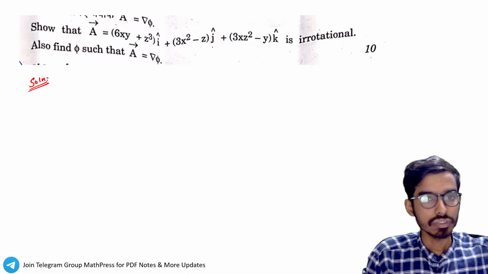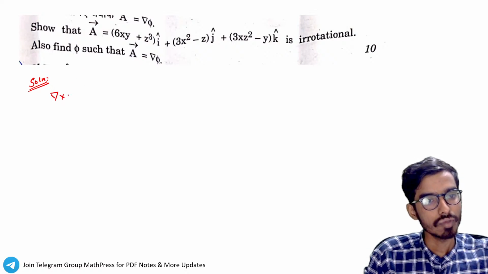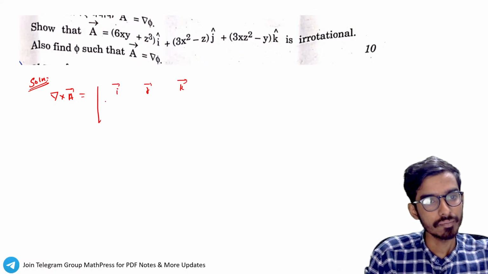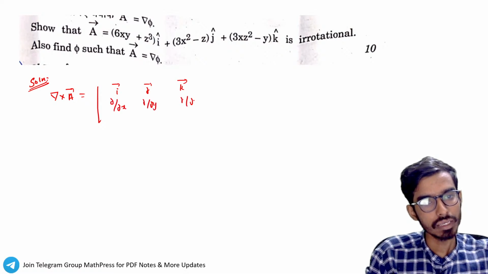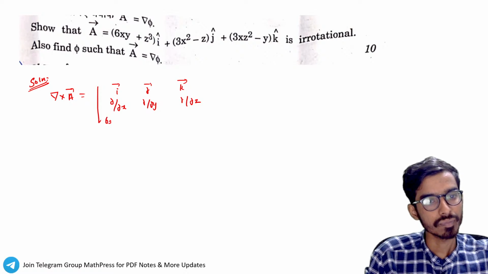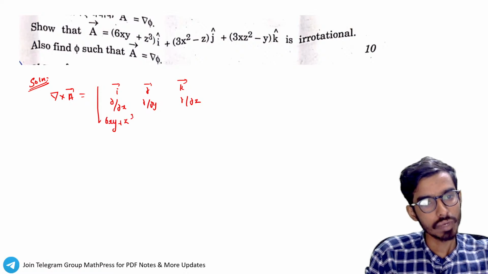So first we need to show this is irrotational, so we will find del cross A. Del cross A is the determinant of i vector, j vector, k vector; del is dou by dou x, dou by dou y, dou by dou z; and 6xy plus z cube, 3x square minus z, 3x z square minus y.